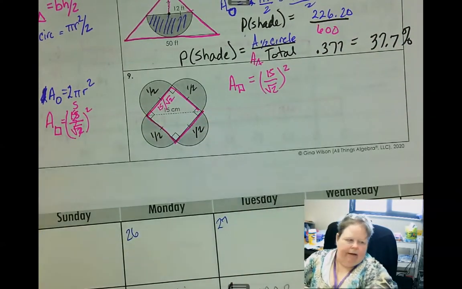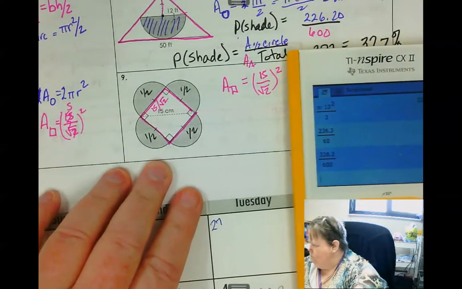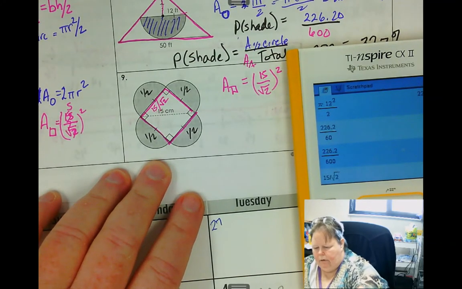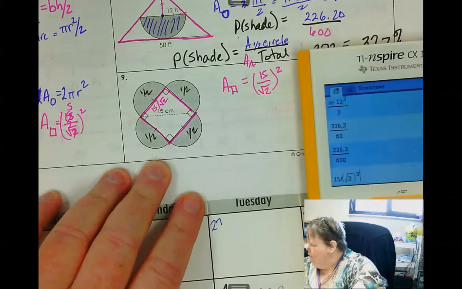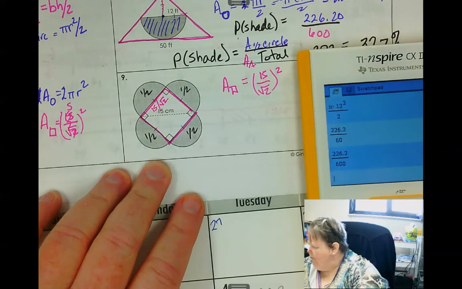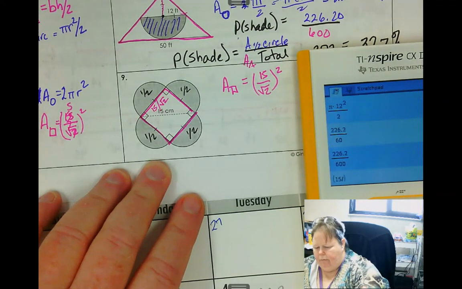And our handy dandy calculator, 15 divided by square root of 2, all of that squared. Oops, wrong thing. I have to put all of it in parentheses. Parentheses, 15 divided by square root of 2. Why is it not working? Square root of 2.